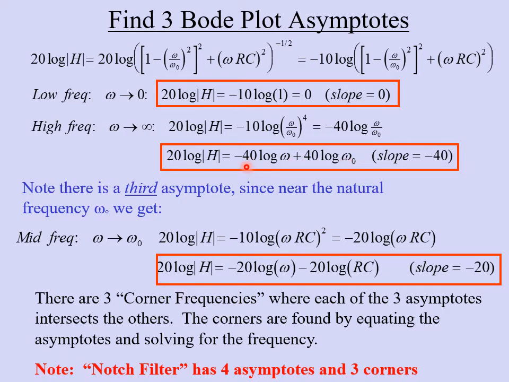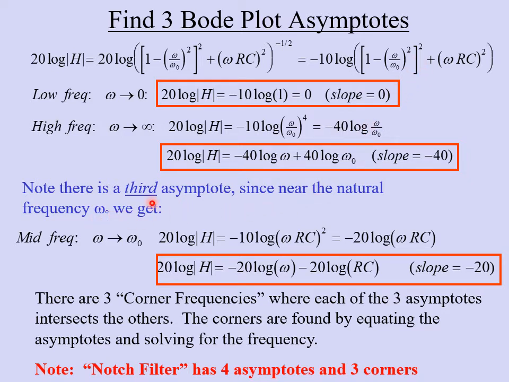And remember from what we showed in part 1, the way to find the slope here is whatever number is in front of log omega, that is the slope of the graph. So our slope here is negative 40 decibels per decade. All right, so it's a line that's going to go down at a very fast slope of 40 decibels per decade.